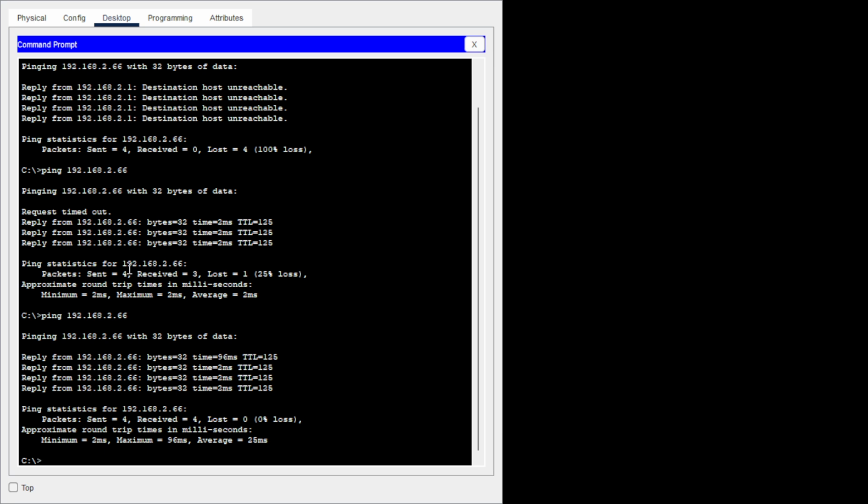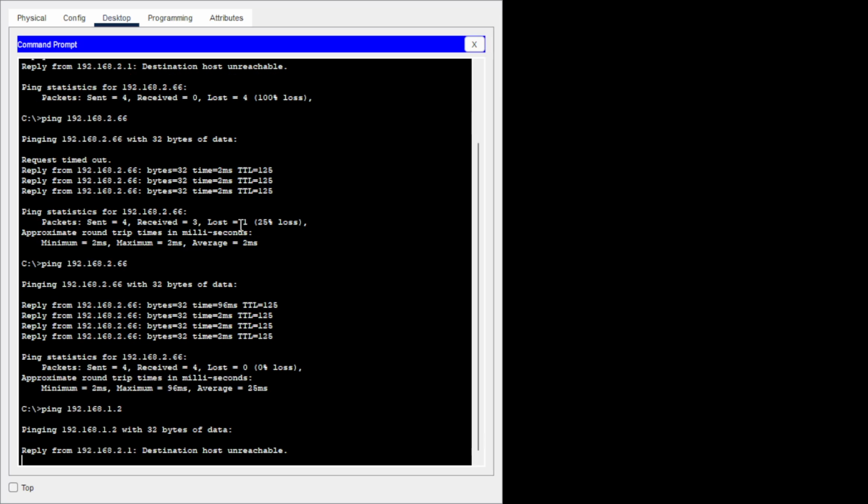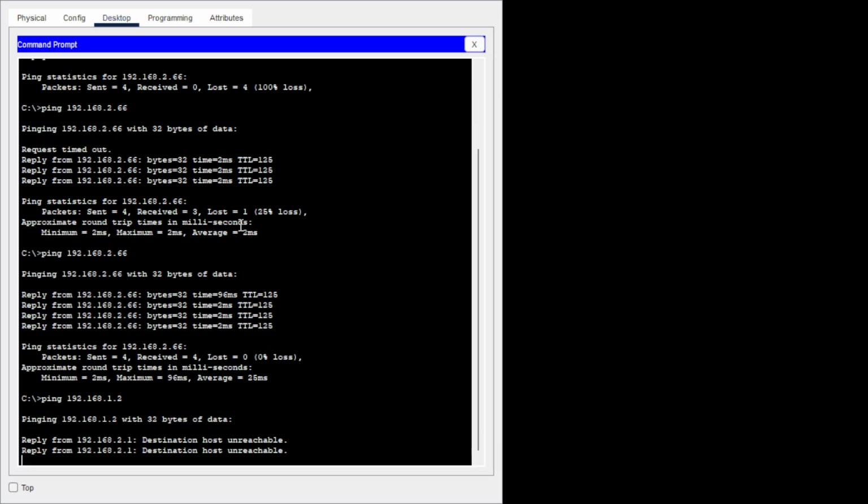Now this belongs to network number 2. Let's try to ping from here to network number 1, PC0, IP address 192.168.1.2. It says destination host unreachable.